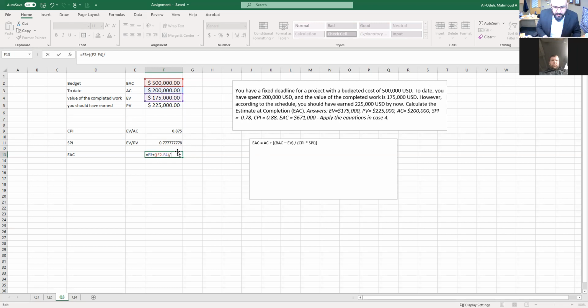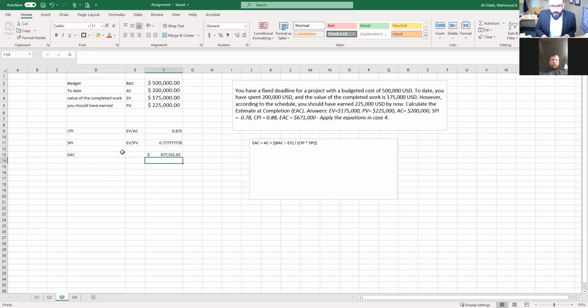So you have to be really careful on how to use the parentheses. Divided by open parentheses, CPI times the SPI, close the parentheses for this one, and there's one more parenthesis that you need to close, and that should give you 677.551.